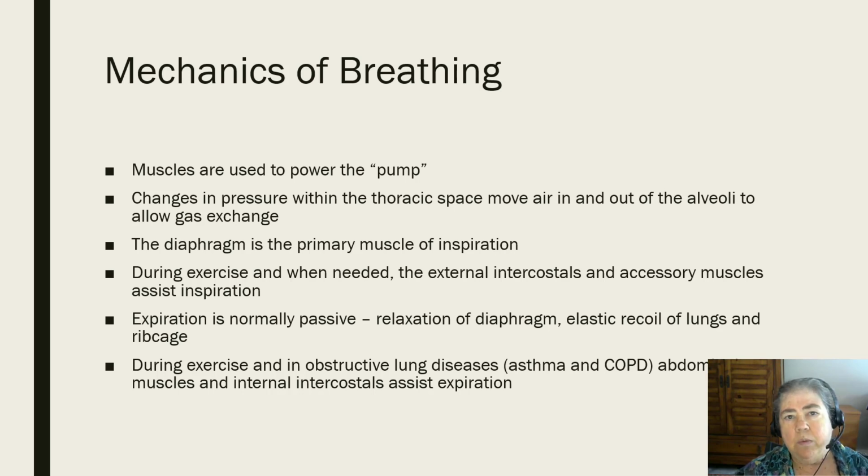But again, when we're exercising and in certain obstructive lung diseases, and the two that you will encounter most commonly are asthma and chronic obstructive pulmonary disease, COPD, which consists of emphysema and chronic bronchitis, we use additional muscles to assist expiration. And those muscles are the internal intercostals and the abdominal muscles.